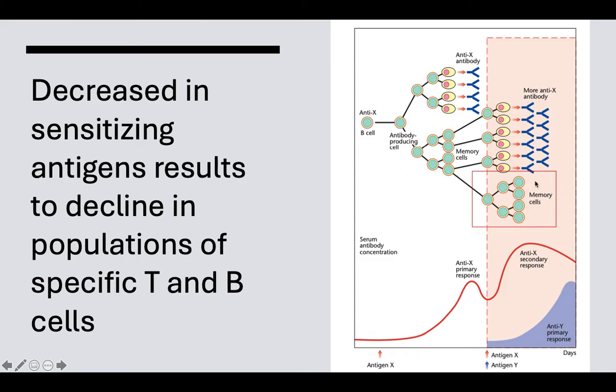These memory cells will be, of course, very essential sila for secondary exposures, because there will be no need for additional events to take place, or for the previous events of somatic hypermutation, class switching, or the whole process of affinity maturation.